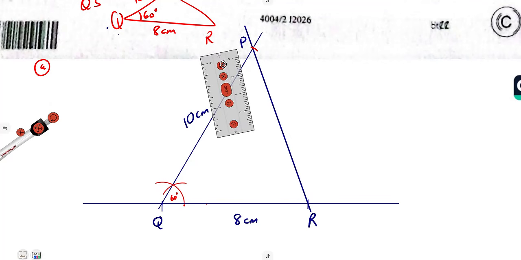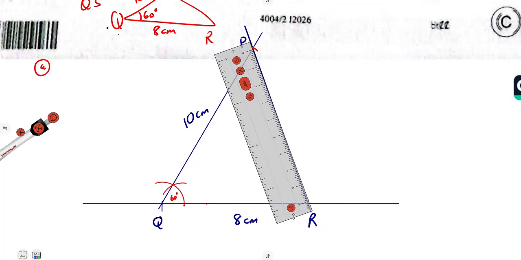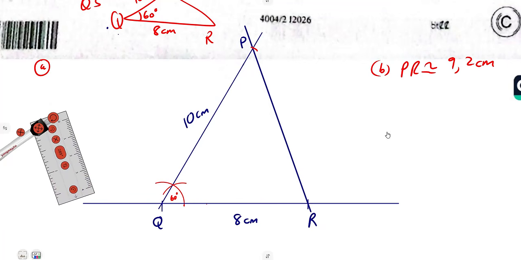That is going to approximate to 9.2 centimeters, from point P to point R, along this line, something like 9.1, 9.2, approximately 9.2. So that was B. PR is going to be approximately 9.2 centimeters. Just measure that one, guys, and see what you are obtaining.